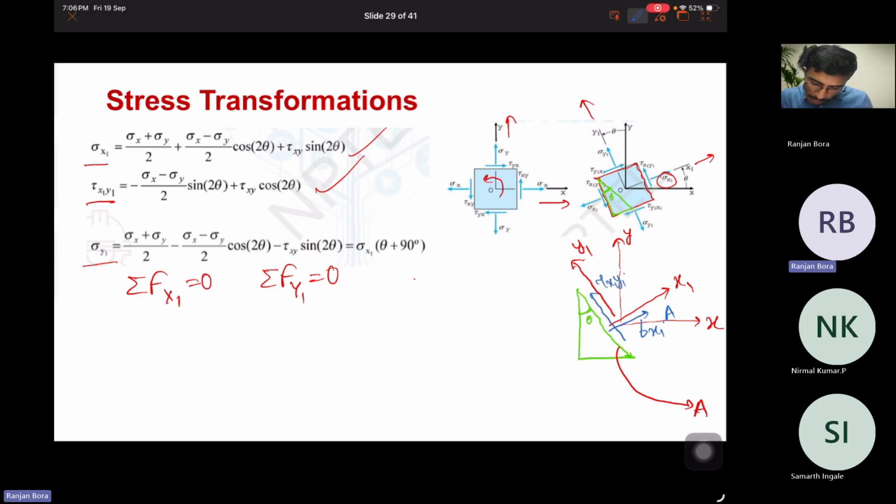Tau x1 y1 into A is the force along the y1 direction. Sigma y1 will act on this, and we have assumed this area is A. So this area is A cos theta, and this bottom part area is A sin theta.